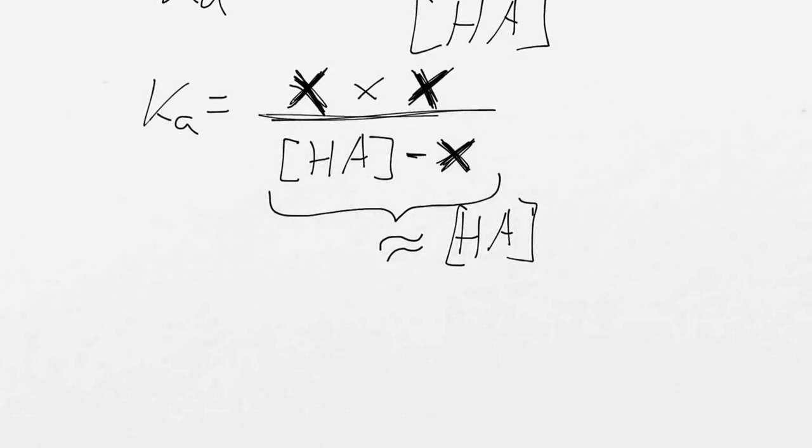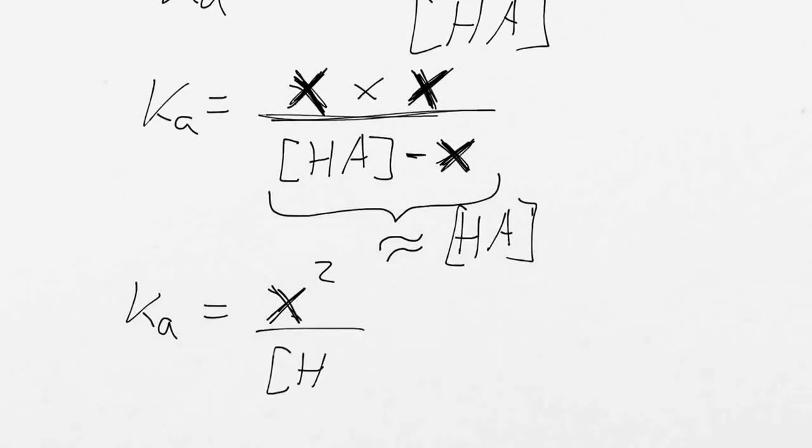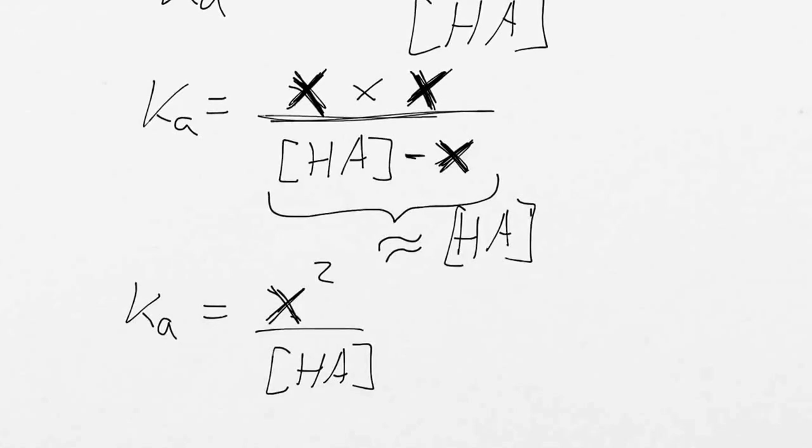But so, what we can do is, actually we can write Ka equals X squared divided by HA. Now, remember the X is our proton concentration.